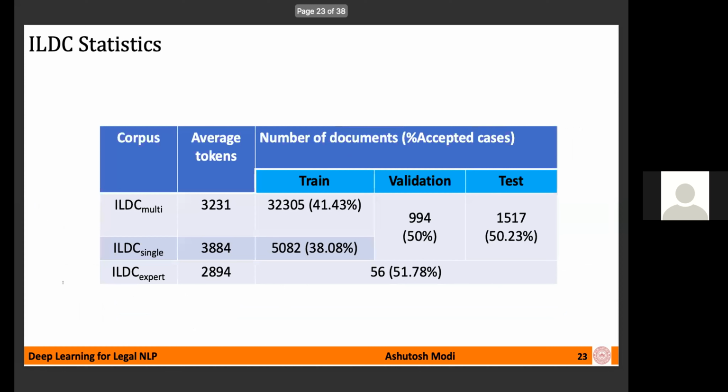So let's look at some of the ILDC statistics. As I said, we have 3 different sub data sets: ILDC multi, ILDC single, and ILDC expert. The average number of tokens in these is large, as these are pretty long documents. As you can see, the validation and test splits for both multi and single data sets are kept the same.